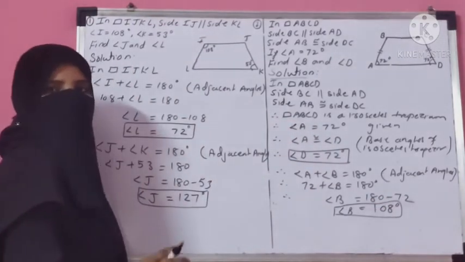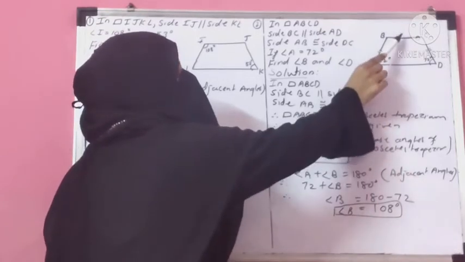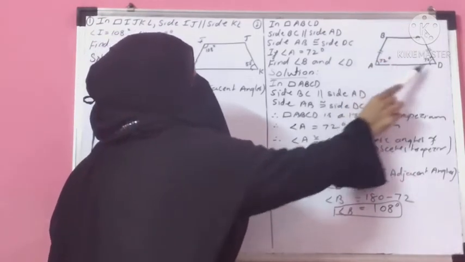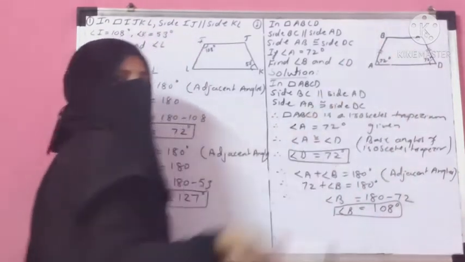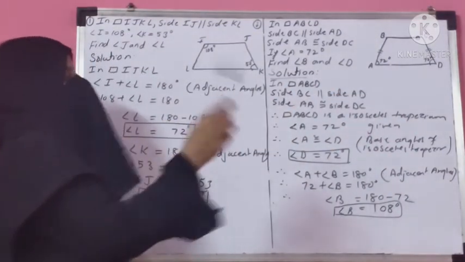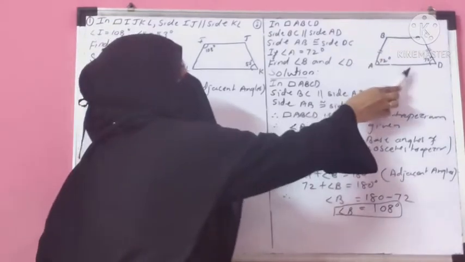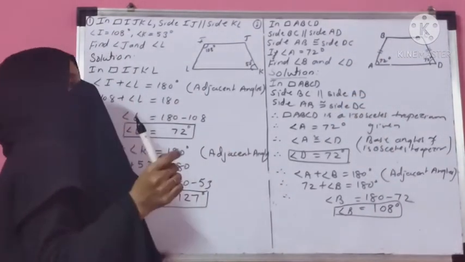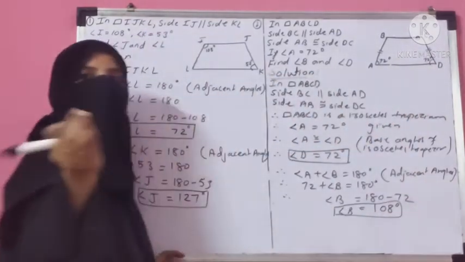Once again, first of all, in this quadrilateral, one opposite side is parallel. That means AD and BC are parallel, and AB and CD are congruent. One opposite side parallel and one opposite side congruent, so this is an isosceles trapezium. It's not a simple trapezium. The main important property of an isosceles trapezium is that base angles are congruent.